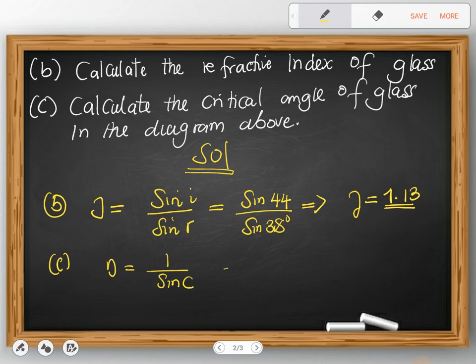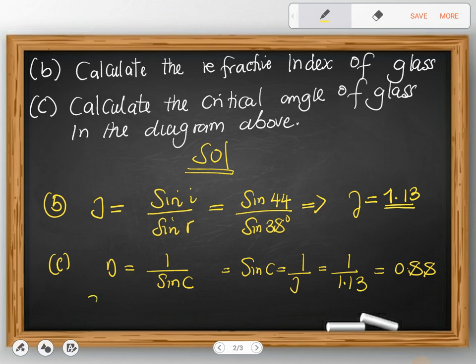So we move on and say sine C is equal to 1 over the refractive index, which will be 1 over 1.13. So we divide 1 by 1.13. I'm getting 0.88. I'll leave it there.